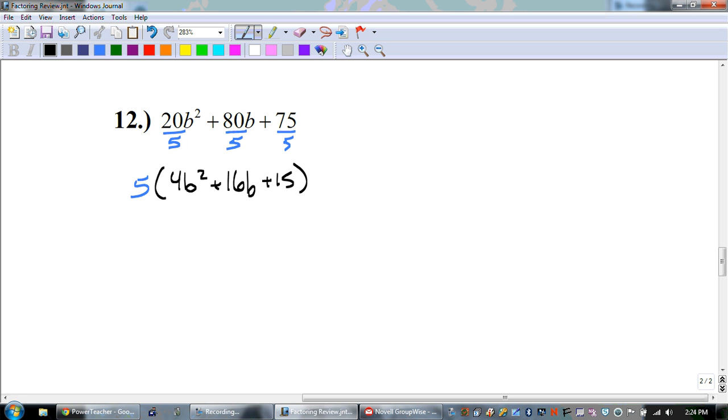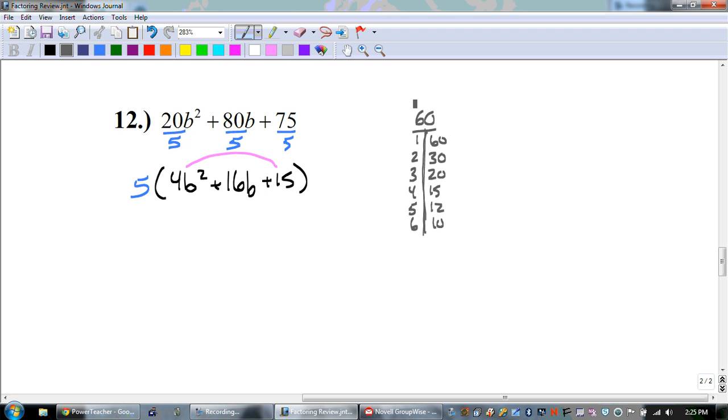Okay, so we checked to see if there's a GCF. And now the next thing we have to do is A times C. A times C, we get 60: 1 and 60, 2 and 30, 3 and 20, 4 and 15, 5 and 12, 6 and 10.